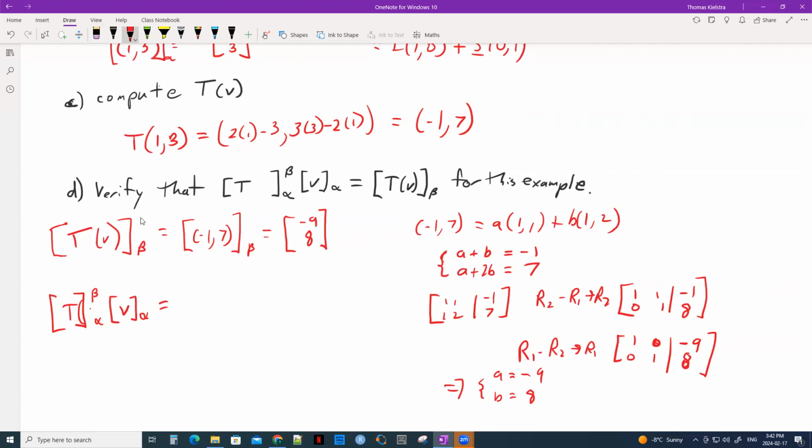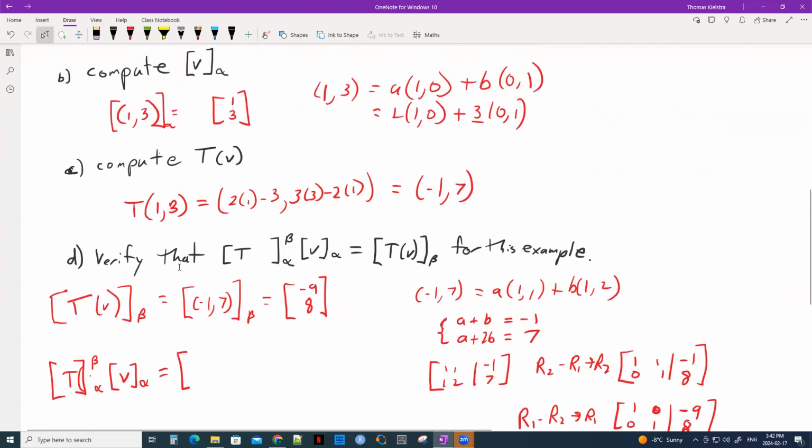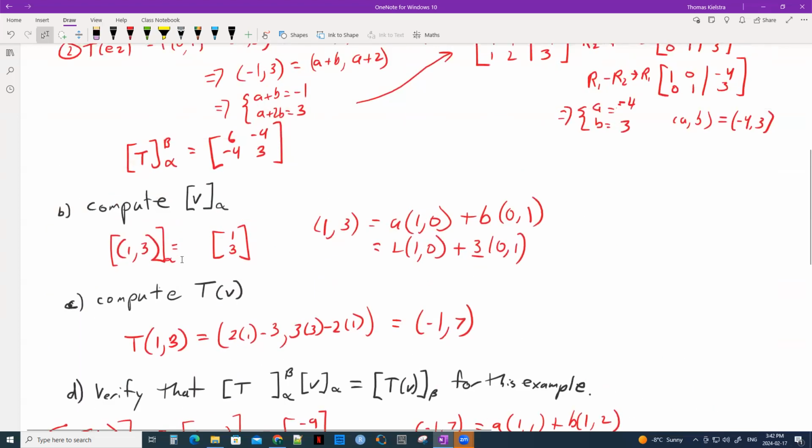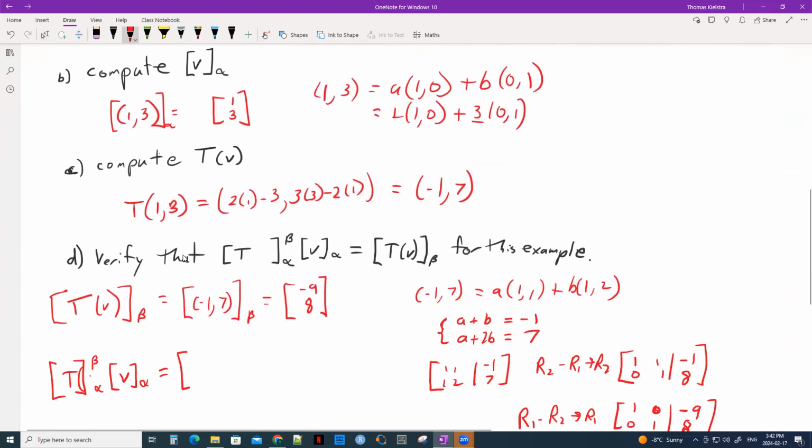Now we want to verify that this is what this multiplication is equal to. So let's get our matrix multiplication, which is (6, -4; -4, 3). So (6, -4; -4, 3). We're going to multiply it by (1, 3).